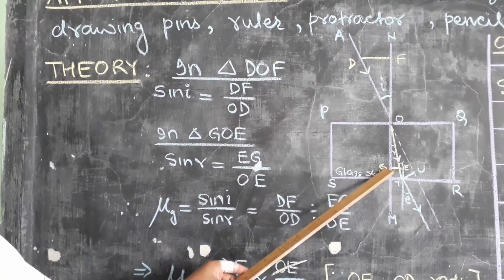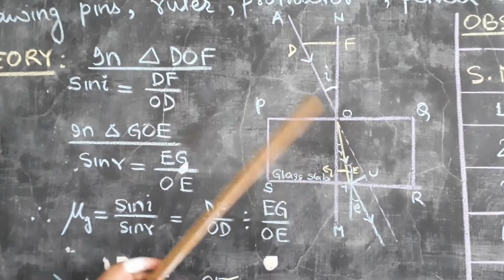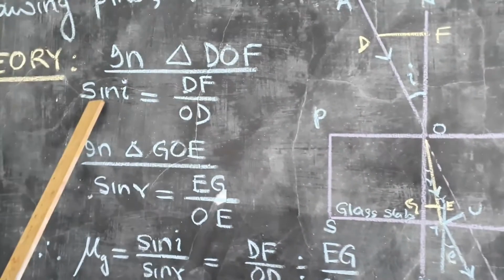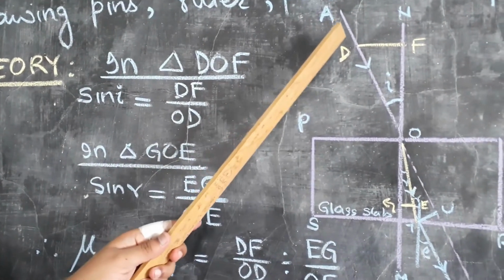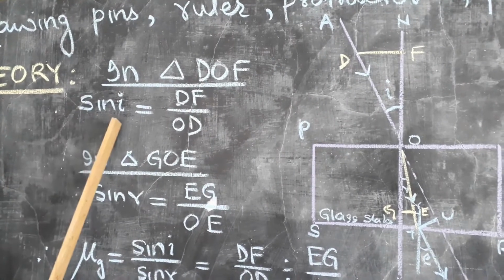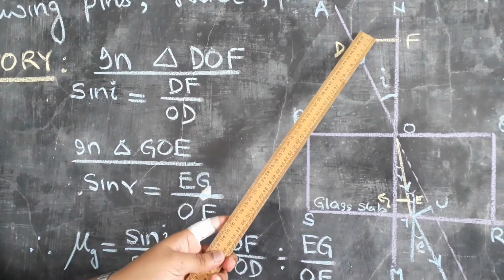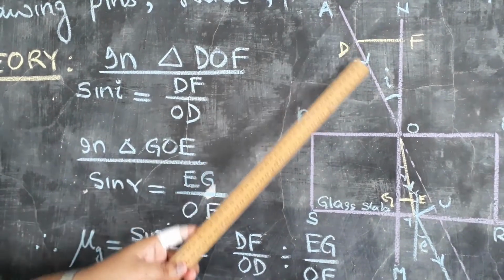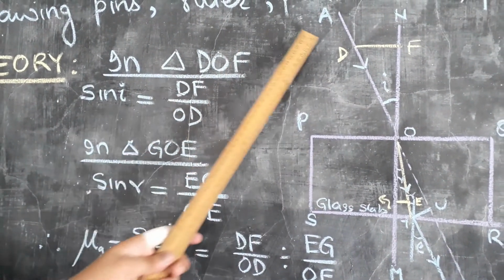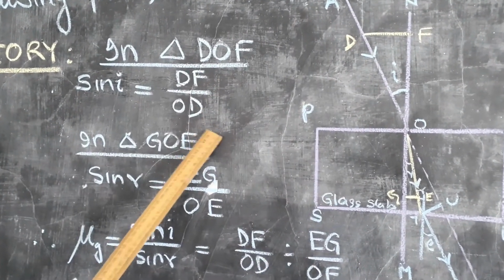So here GE is perpendicular, OE is hypotenuse. Now in right angle triangle DOF, we get sin i, that means sine of angle of incidence, is equal to perpendicular divided by hypotenuse. So perpendicular is DF and hypotenuse is OD, right.